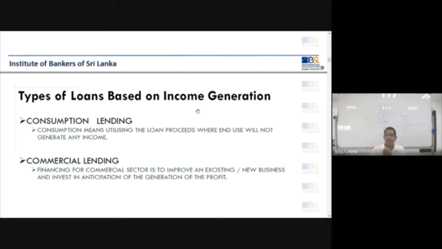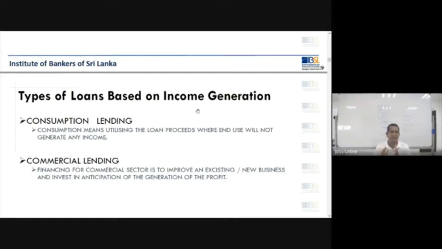Commercial lending is when the end use, once done, will generate money to repay the loan itself, right? We give a loan to buy inventory, a short-term facility. When the inventory comes in, you sell the inventory, you generate money and you repay. You give a loan to buy a factory. The factory will generate money to pay back our loan.